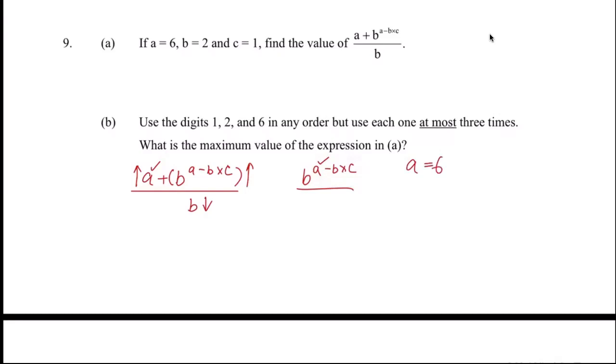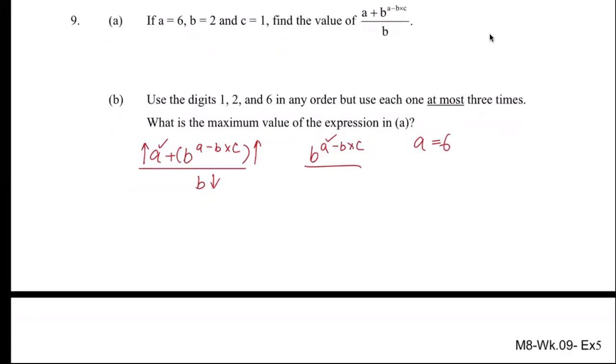If A is 6, then now we need to determine B and C, right? So let's consider the 2 different cases: when B is 2 and C is 1, and when B is 1 and C is 2. If B is 1 and C is 2, then the expression will be 6 plus 1 to the power of whatever.